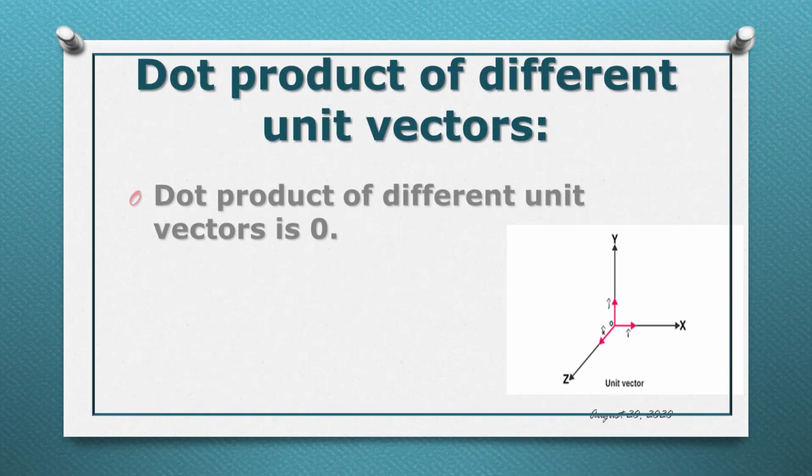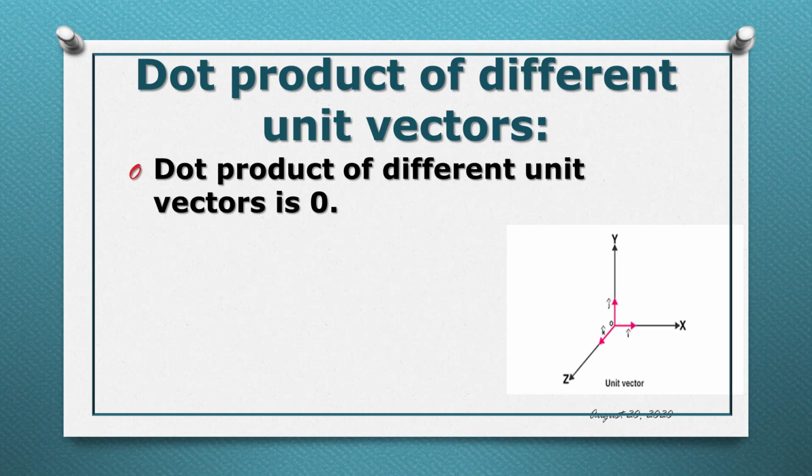Again, if we are going to find the dot product between any different unit vectors, then it will always be 0. So you can say i hat dot j hat is equal to j hat dot k hat is equal to k hat dot i hat. All will give you a 0 result because the angle between them is 90 degrees.